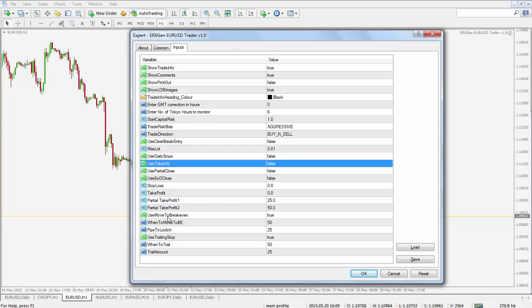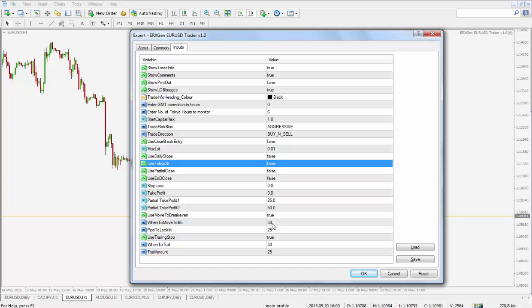This is used if use partial close is set to true. Use move to break even. If this is set to true and in profit, the EA will move the stop loss from wherever it is placed to break even plus selected pips by the user. What that simply means is, when to move to break even is at 50.